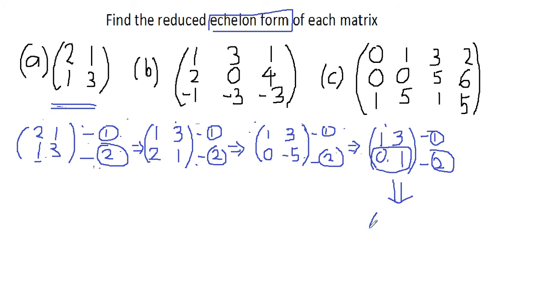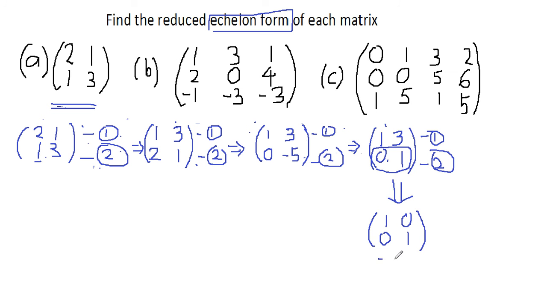So let's start off first: 0 1. We have to add minus 3 times row 2 to row 1 to eliminate the y variable. Minus 3 times 1 gives me minus 3. Minus 3 plus 3 gives me 0. Minus 3 times 0 gives me 0. 0 plus 1 gives me 1.